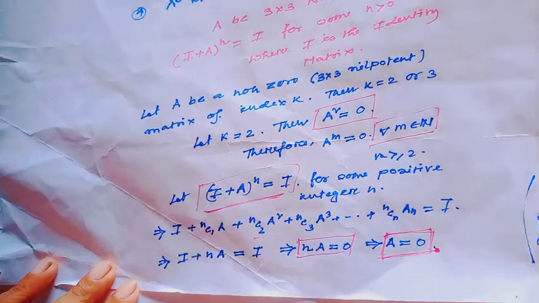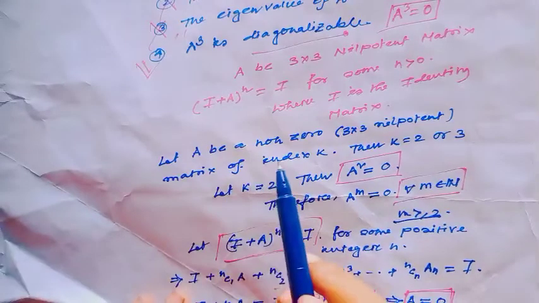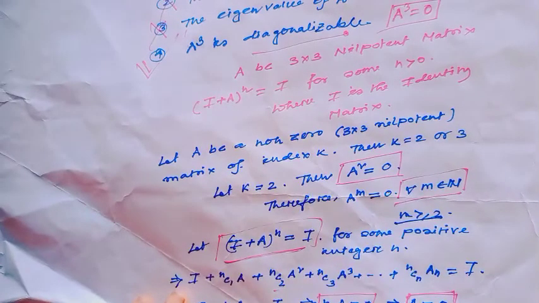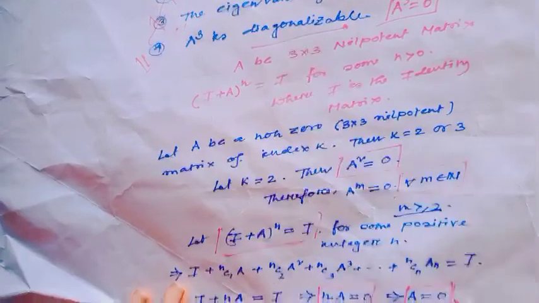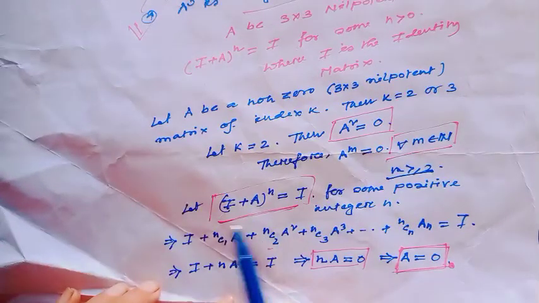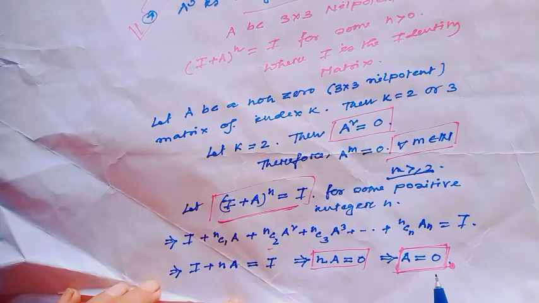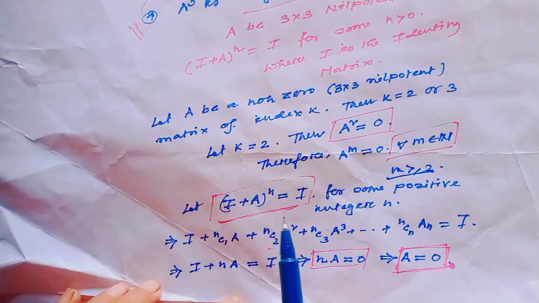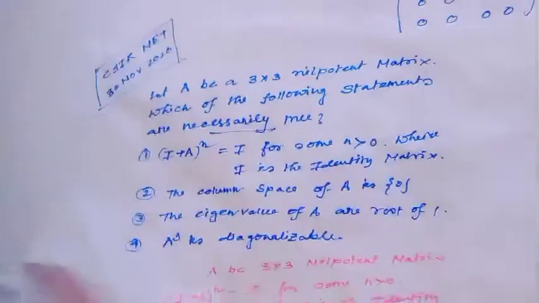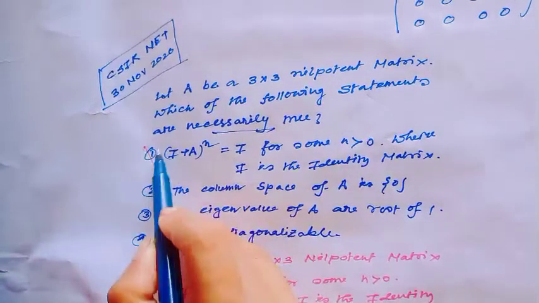Here I have considered A a 3 cross 3 non-zero nilpotent matrix. But if you assume this equation to be true, then I get A equal to the 0 matrix. Therefore our assumption is wrong. Therefore, option 1 is a wrong option.